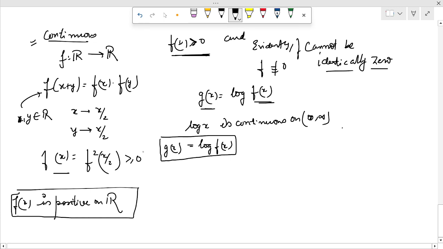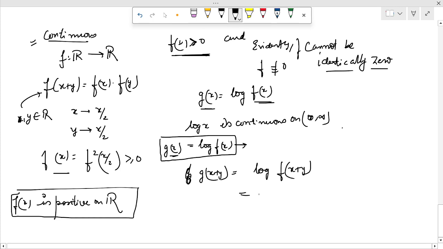So log f(x) is a continuous function. It implies that g(x) is a continuous function. Now, just think about this. g(x + y) will be equal to log of f(x + y).